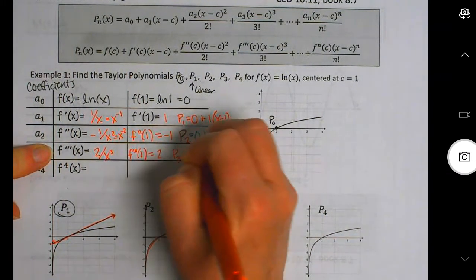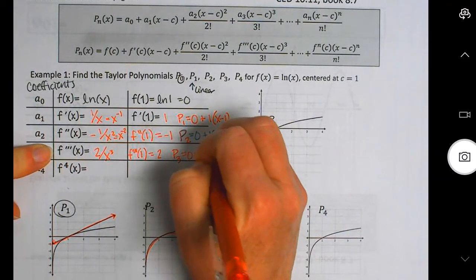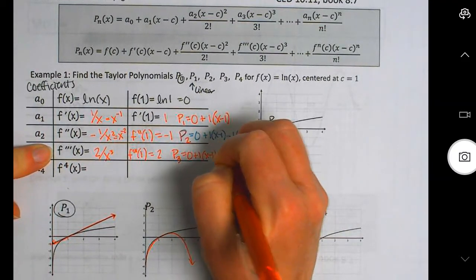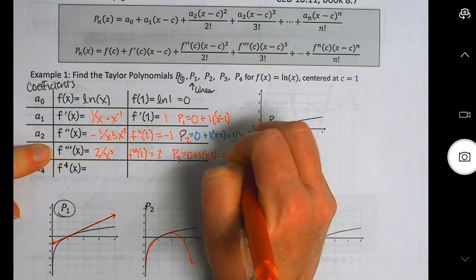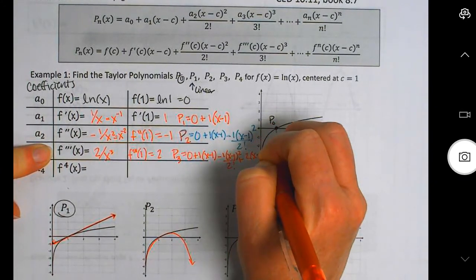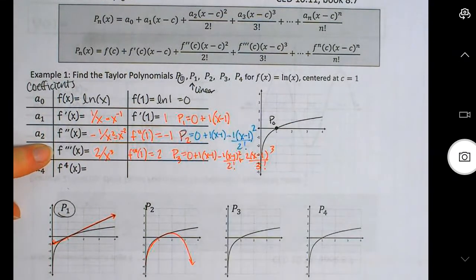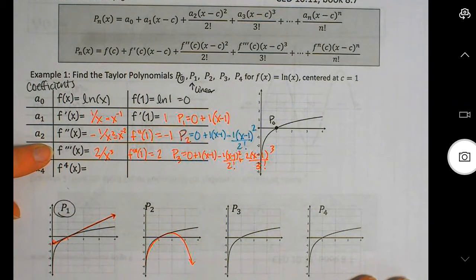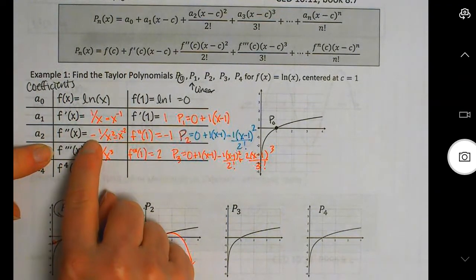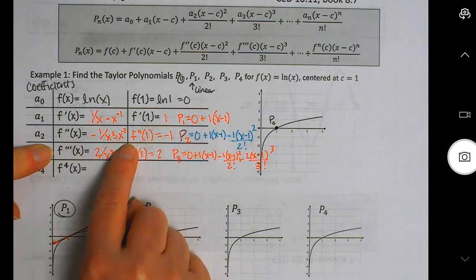So p sub 3 is going to have all the same stuff: 0, 1 times (x minus 1), (x minus 1) squared over 2 factorial, plus 2 times (x minus 1) cubed over 3 factorial. This is negative, and we multiply it by negative 2, we get positive 2, which is why I rewrote it like this, so I'll try not to get lost.